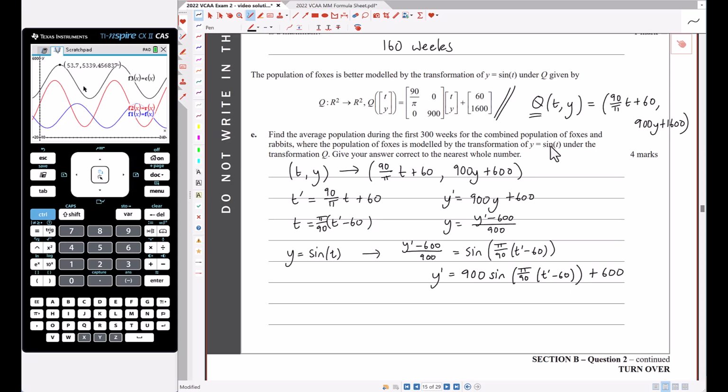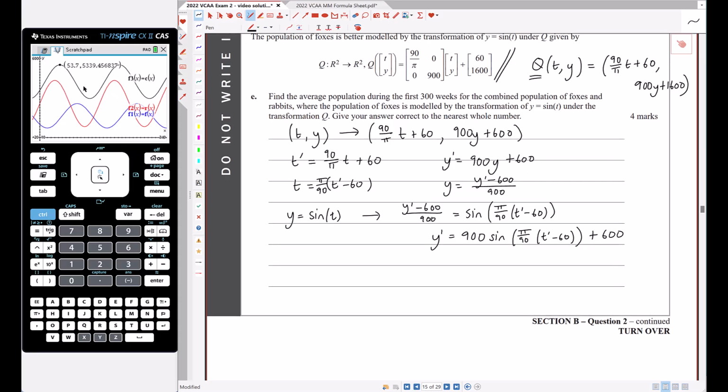So this is our new version of the foxes. Now F of t is this: 900 sine of pi on 90 (t minus 60) plus 600, we don't need a dash anymore. So that's my fox population.